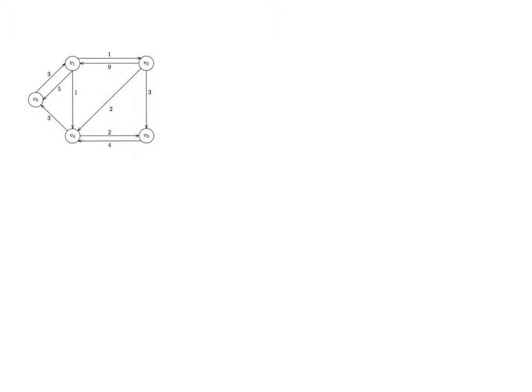So for example, we can get from vertex 1 to vertex 2 with just a cost of 1, but the cost to get from 1 to 3 directly is infinity. So there's no edge at all, but on inspection, we can see that we could get from vertex 1 through vertex 4 to reach vertex 3. So we can get from 1 to 3 at a cost of just 3.